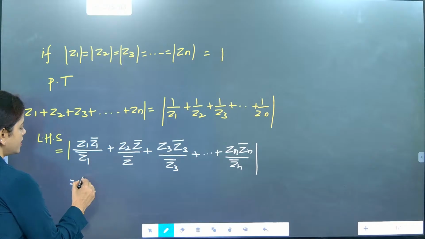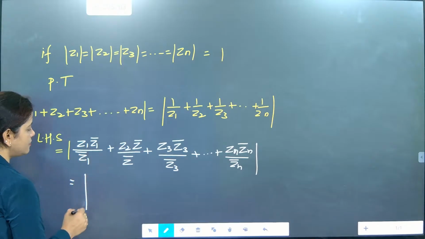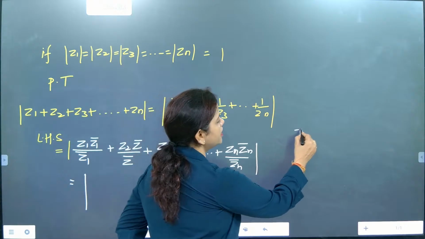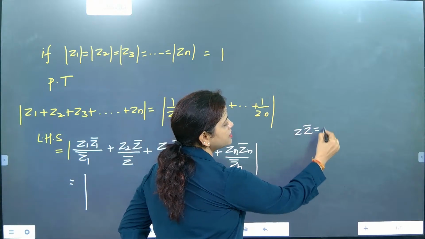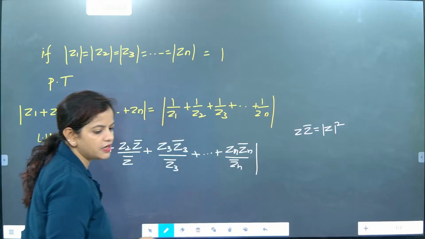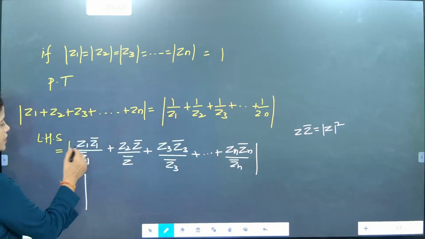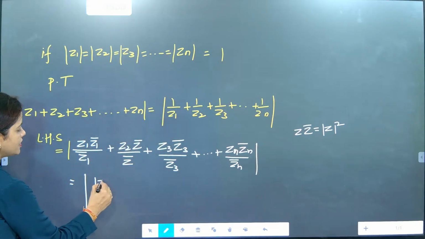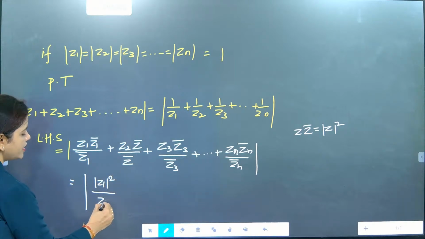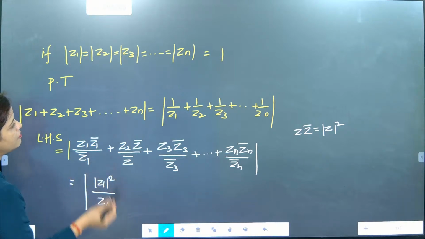Now here Z into Z bar, again the same formula we are going to apply, beta. Z into Z bar is equal to modulus of Z whole square. So Z into Z bar is there, beta. So what we will do, modulus of Z whole square by Z1 bar is there.